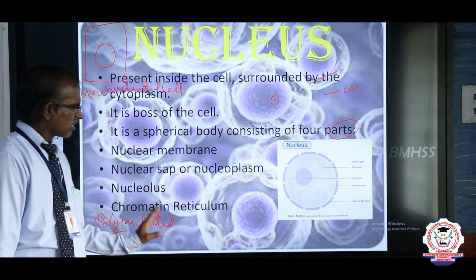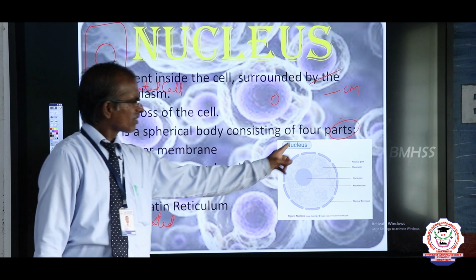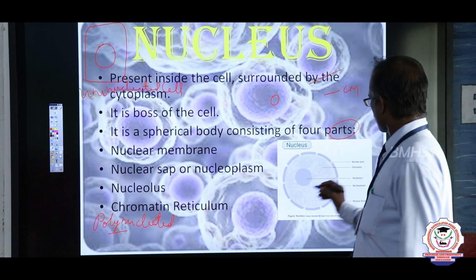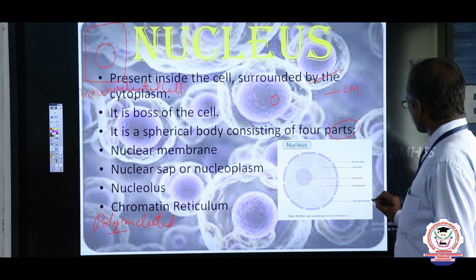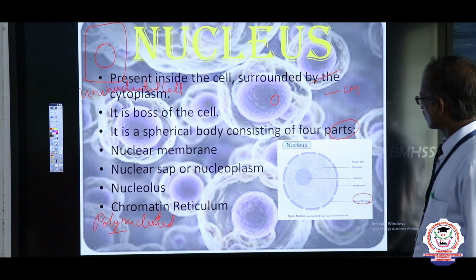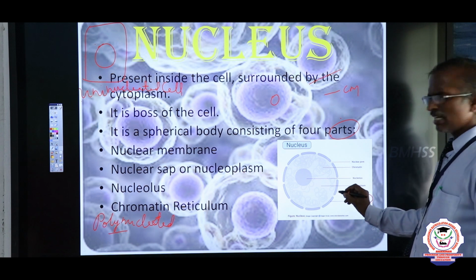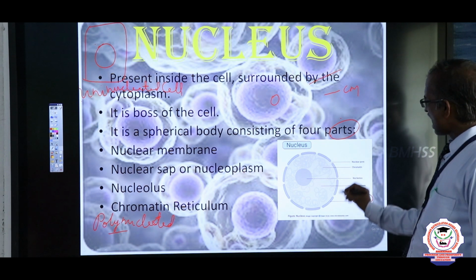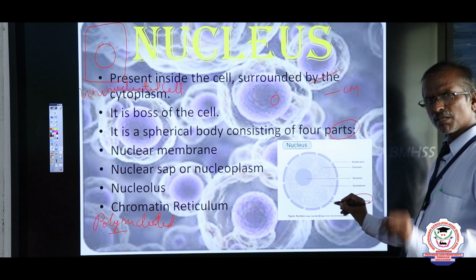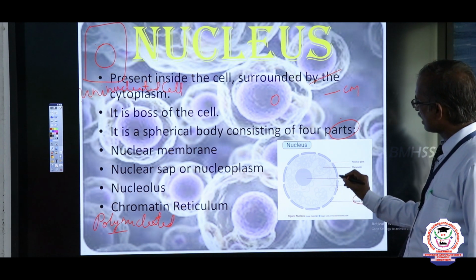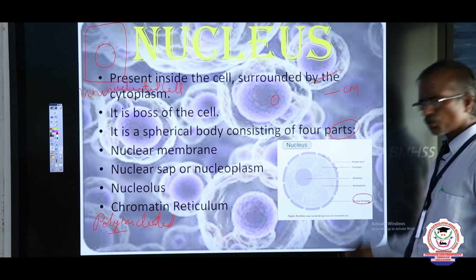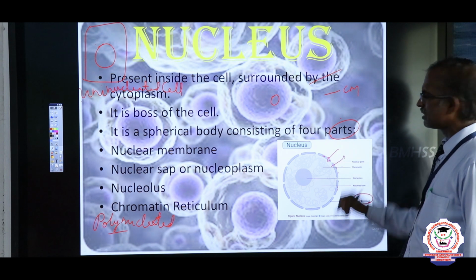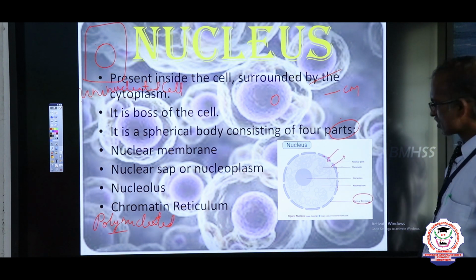Now, every nucleus consists of certain parts, namely the nuclear membrane, or nuclear envelope. This nuclear envelope separates the nucleus from the cytoplasm. Like the cell membrane, it has very minute pores. Through these pores, certain materials are allowed into the nucleus and out of the nucleus.